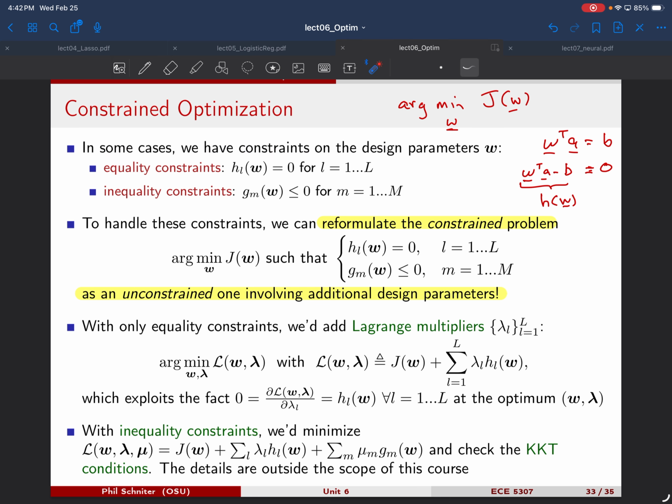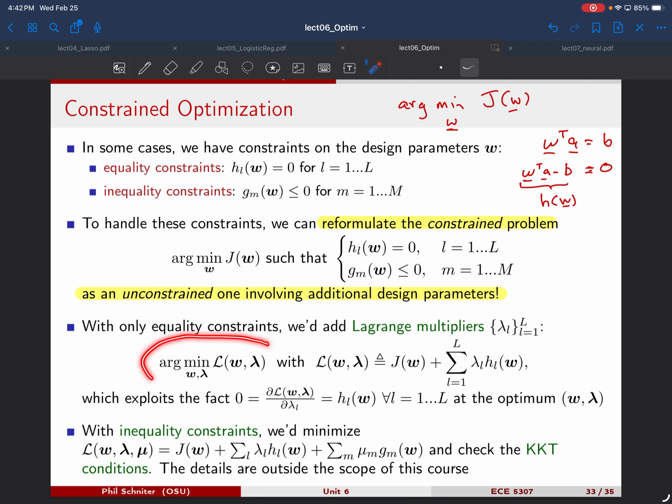Here's what you do with equality constraints. You take your original loss, and then you add on a new loss, or regularization, or whatever you want to think of it as, a new term that has these new parameters, lambda, one lambda for every one of these constraints. These are just real numbers. You multiply those lambda_l's times the h_l's, and you call this a new loss that you now have to optimize over both w and the vector of these lambdas.